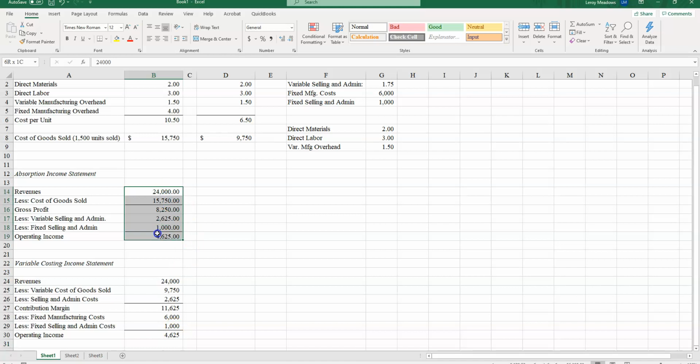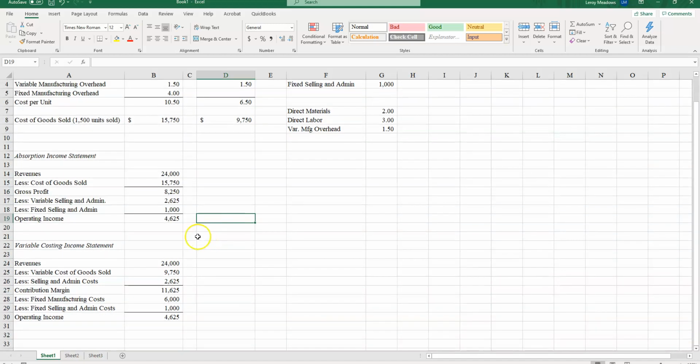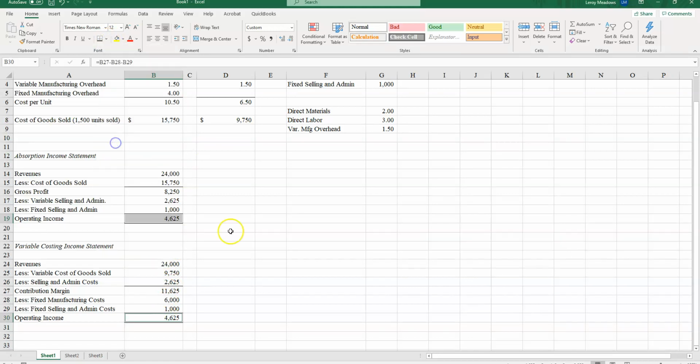Now, this illustration was just to illustrate how to do variable and absorption costing on a per unit basis, and then how to do the income statement. Now, what do you notice? My operating income is the same, assuming that we produced and sold the same amount.